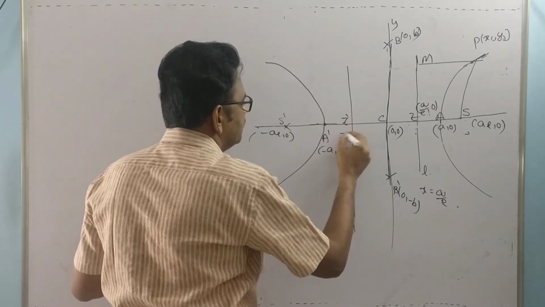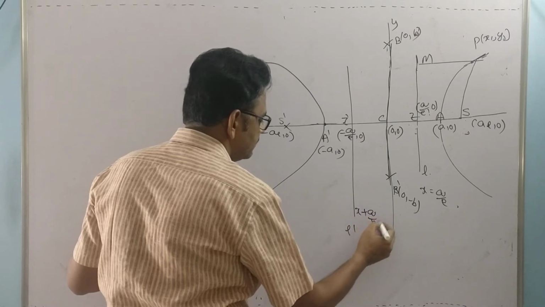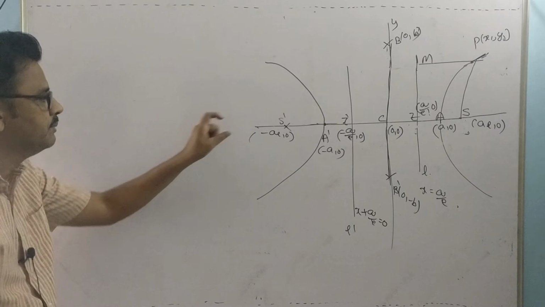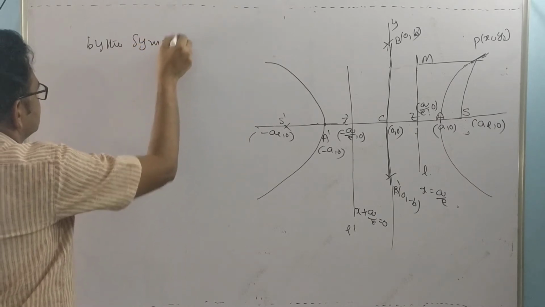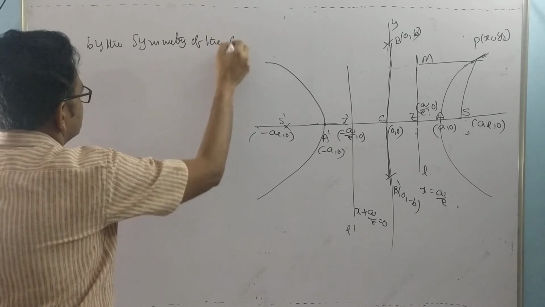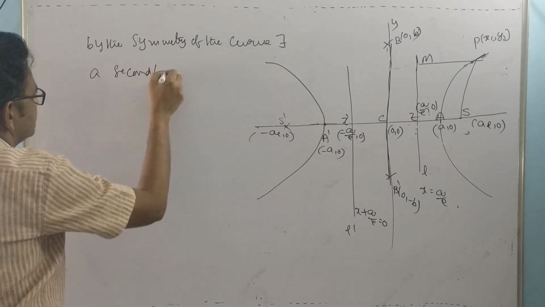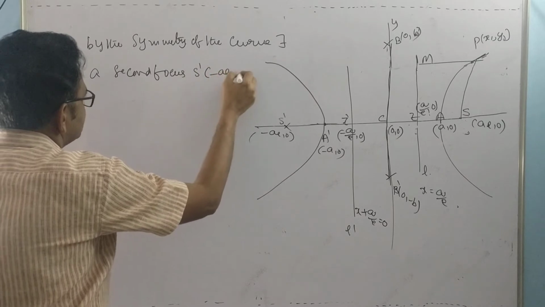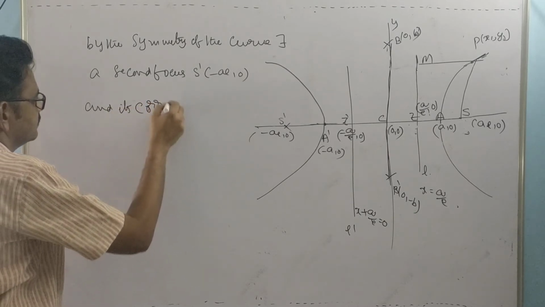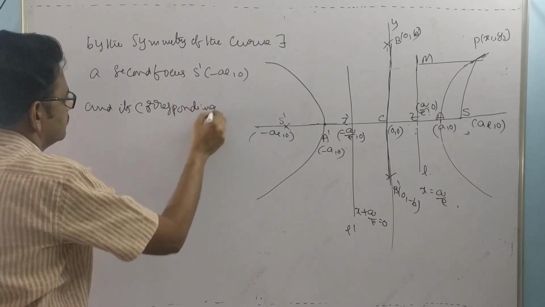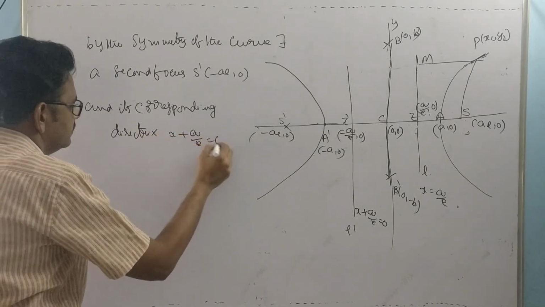The coordinates of Z dash are (minus A by E, 0), so its equation is x equal to minus A by E, that is x plus A by E equal to 0.